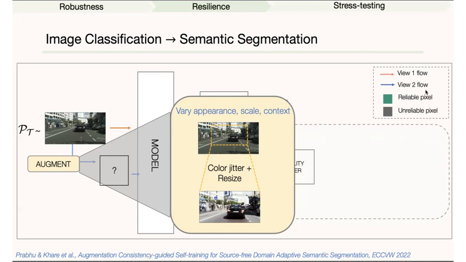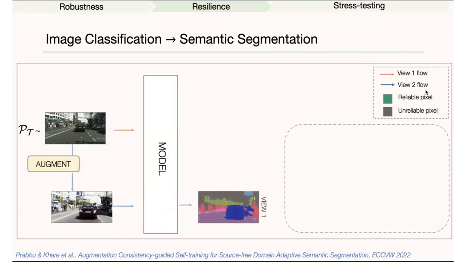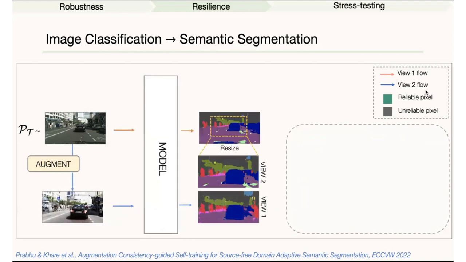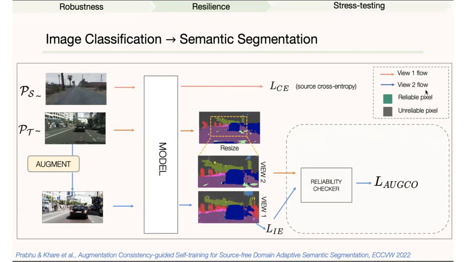The way we do that is you can get a crop, apply a jitter, and resize it and use that as your auxiliary view. And you need to maintain per pixel confidence, so you apply the same augmentation to the prediction of the original image. Then we have these two aligned views that we can measure consistency across and use that to optimize a selective self-training loss.